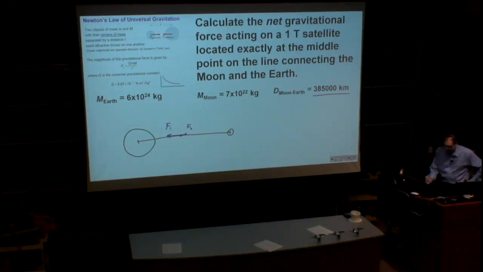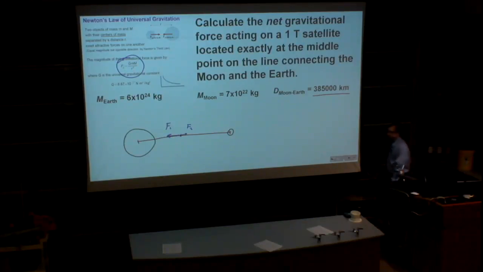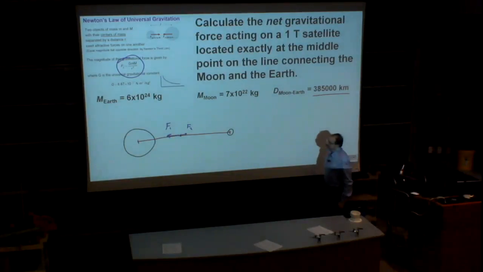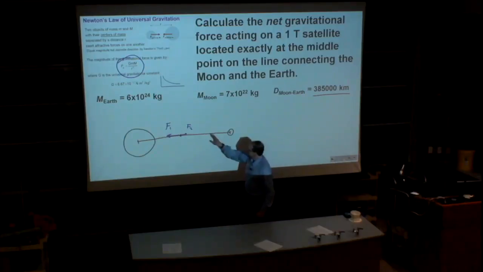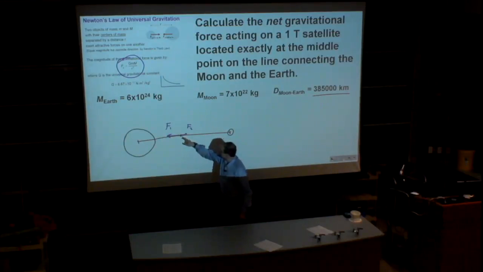Actually we can tell immediately what the direction of the net force should be. If we look at Newton's law for gravity, it depends on masses and distance. But if the distance from the object is the same to both planets, only mass matters.